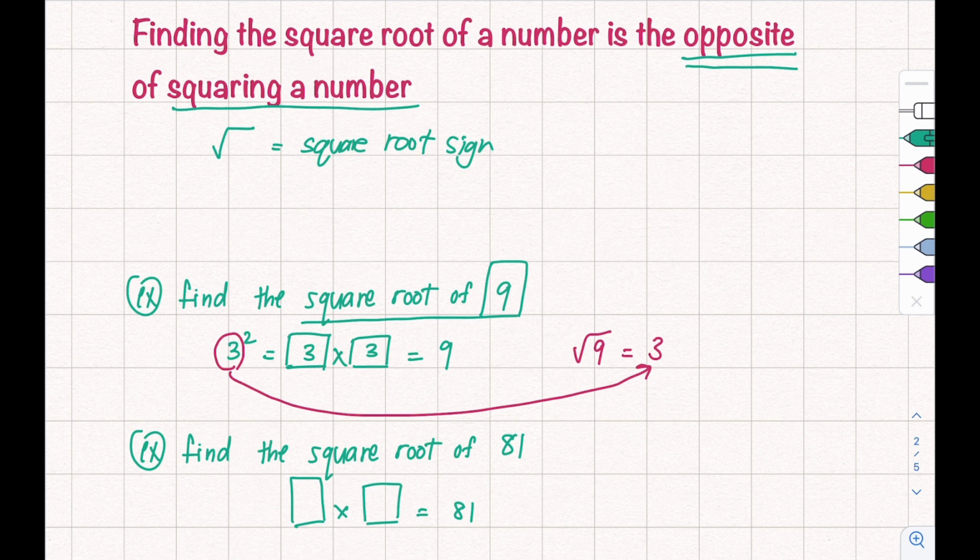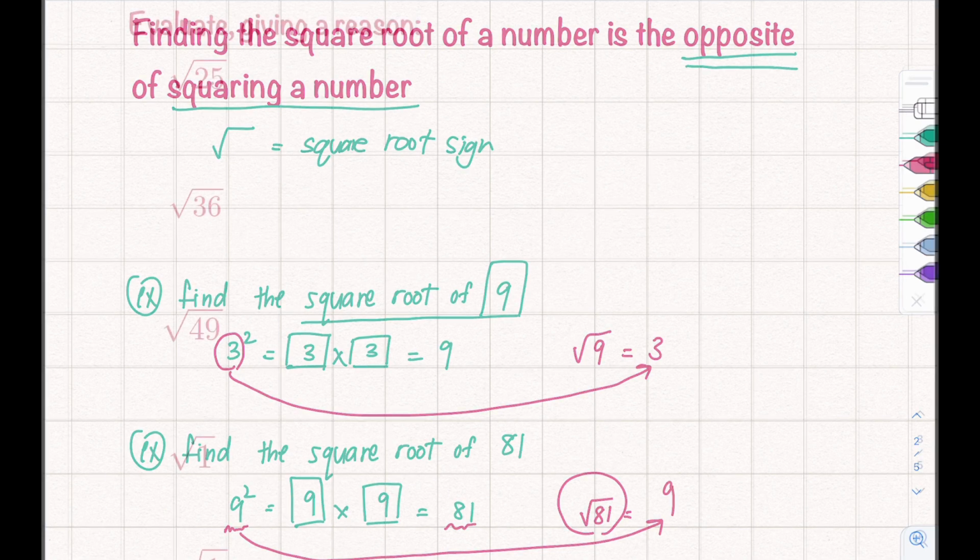So we know that the answer is 9. 9 times 9 equals 81, and that means that 9 squared equals 81. So to find the square root of 81, this has to be the opposite of squaring a number. And we just figured out that 9 squared makes 81, and so the square root of 81 has to be equal to 9.